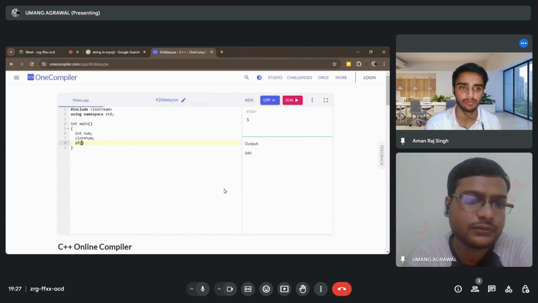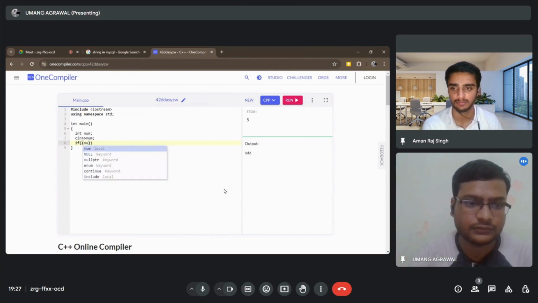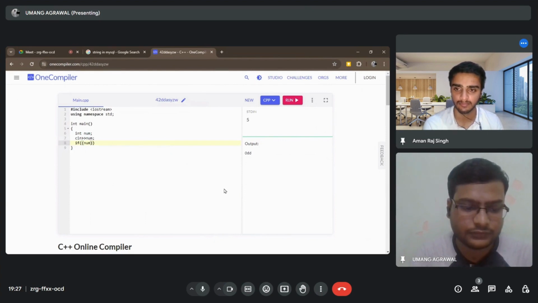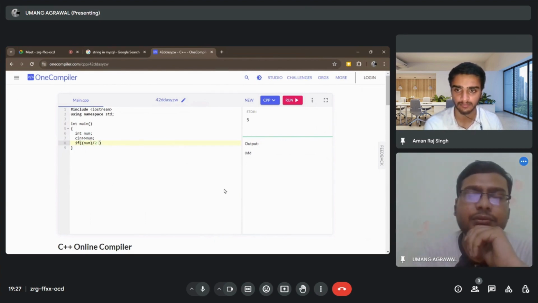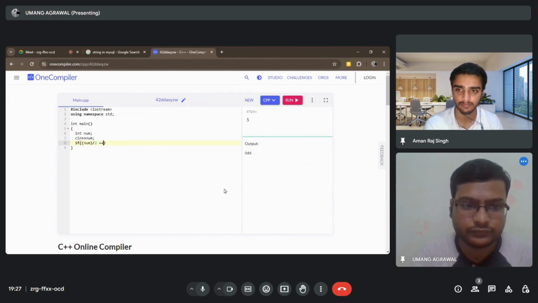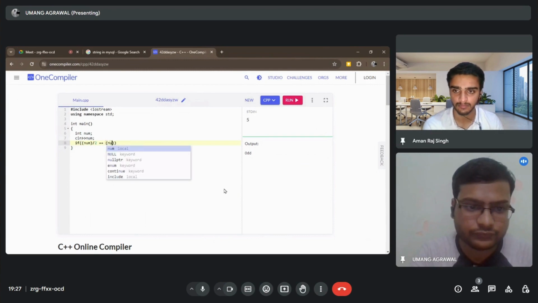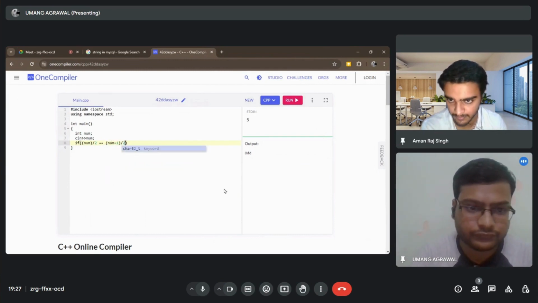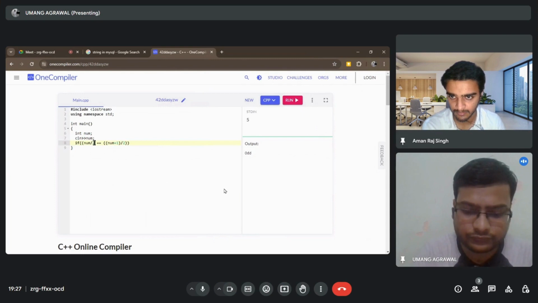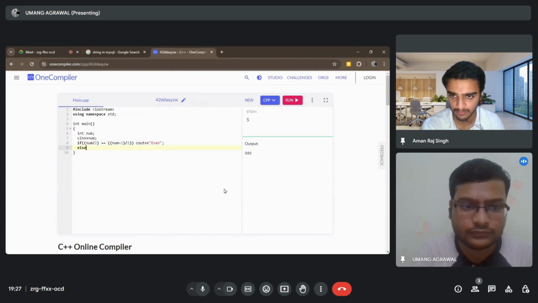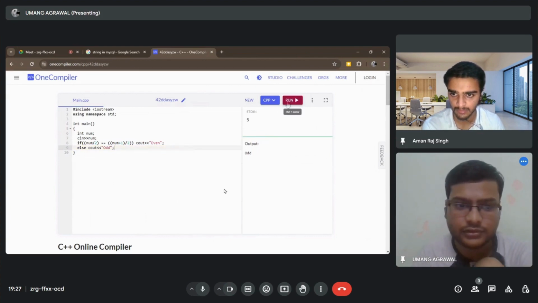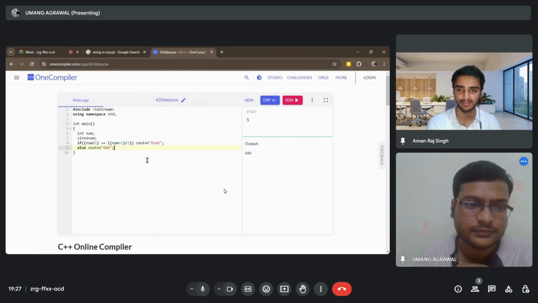You don't have to use modulo only. Divide by 2, you just don't have to use modulo. Okay. Yeah, good.